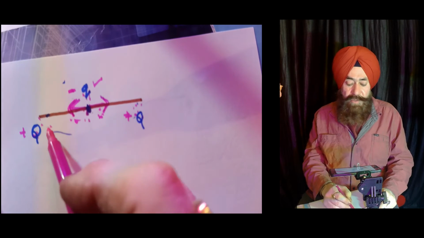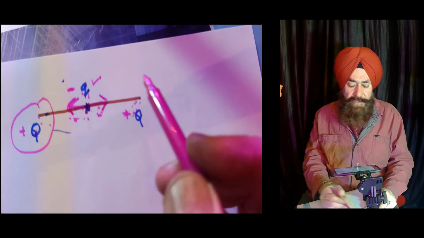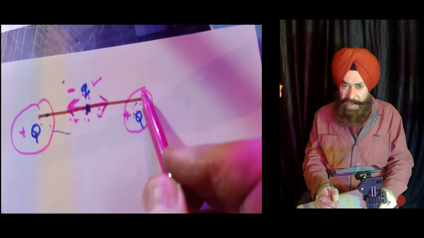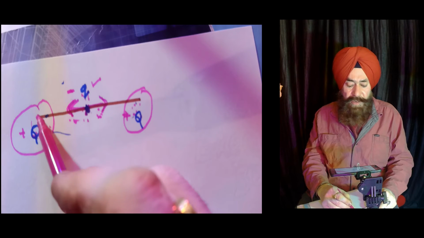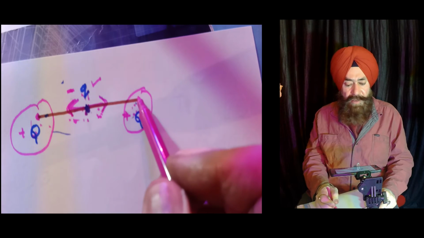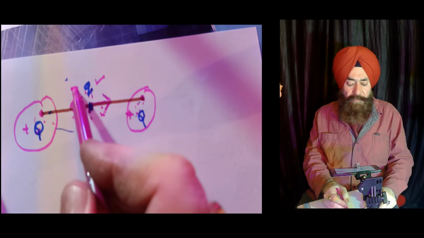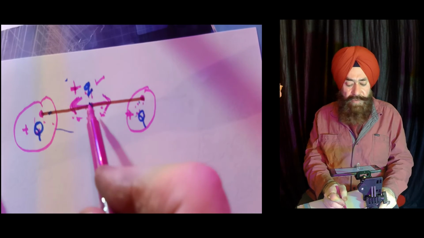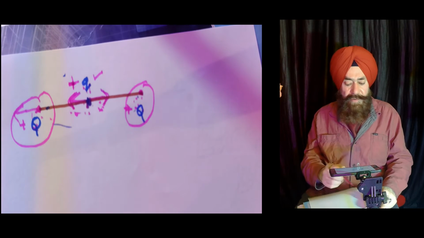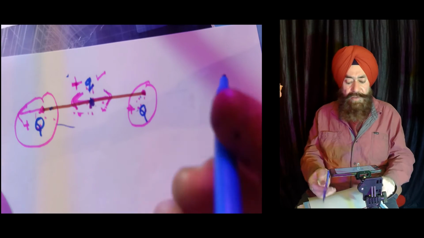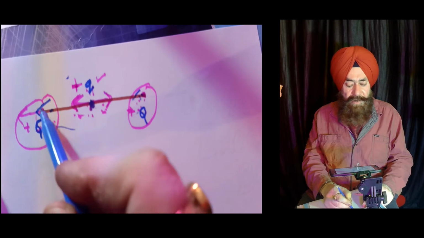But what about the net force on this charge and net force on this charge? The total system will be in equilibrium if the net force on this charge is 0 and the net force on this charge is 0. If it is positive, suppose this charge will repel plus q along this side, and this plus q charge will also repel plus q along this side.